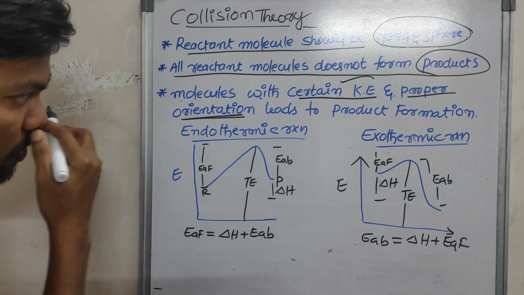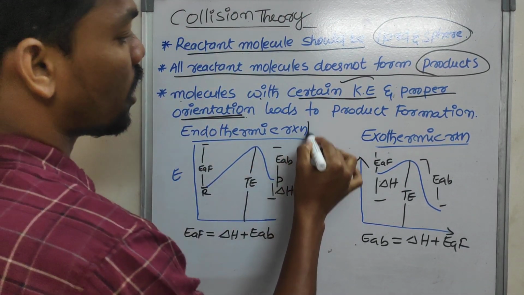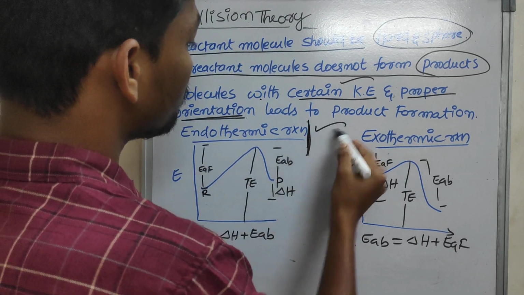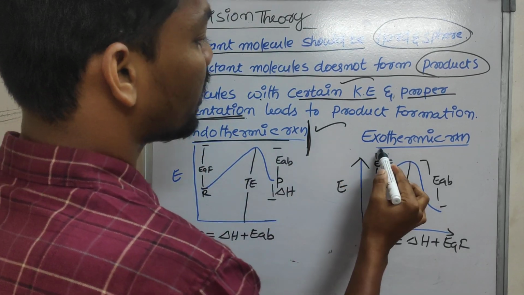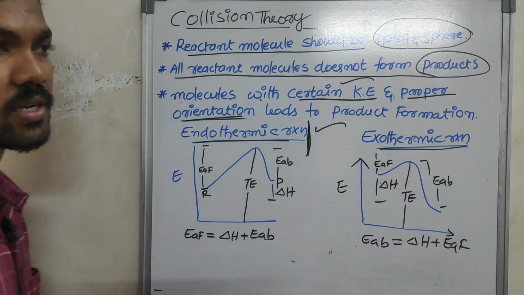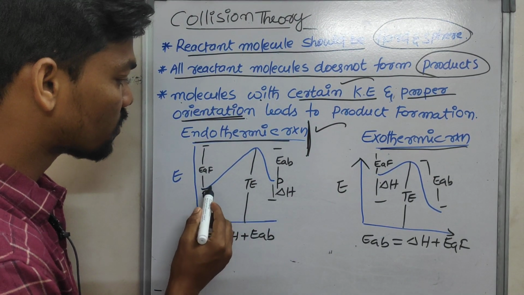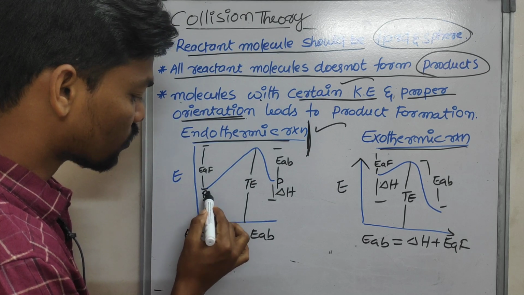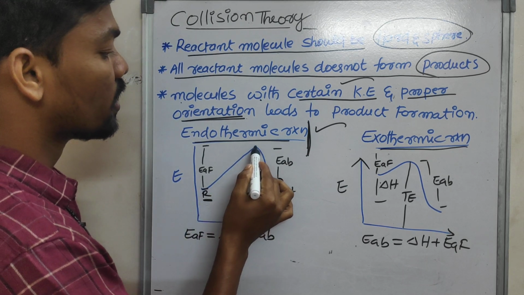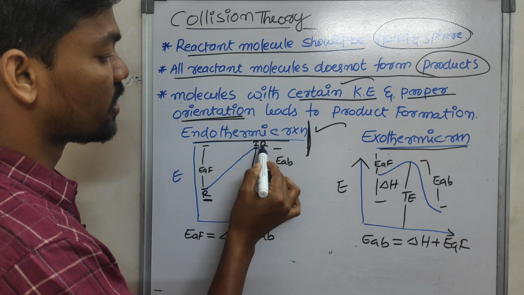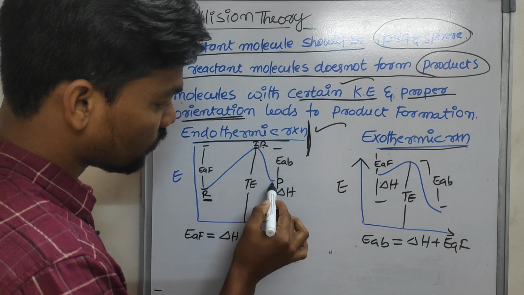We have studied in 10th class also endothermic reaction and exothermic reaction. Endothermic reaction means: these are reactant molecules, and here an intermediate will be there, so finally they will form product.